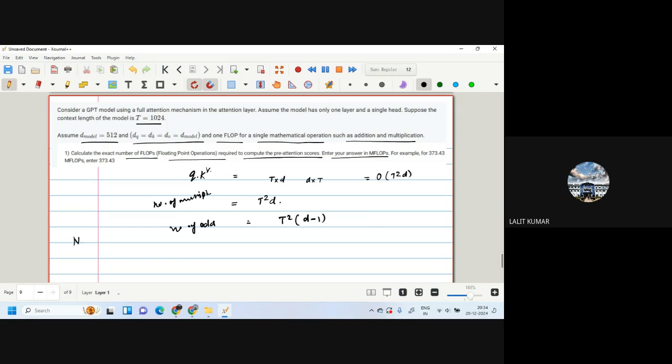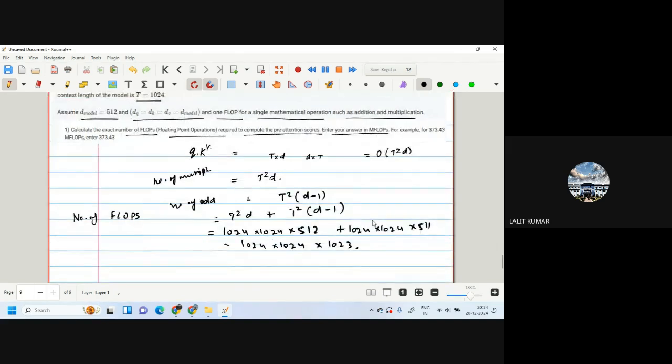So your number of flops will be T square D plus T square D minus 1. So this becomes 1024 into 1024 into 512 plus 1024 into 1024 into 511. This becomes 1024 into 1024 into 1023.